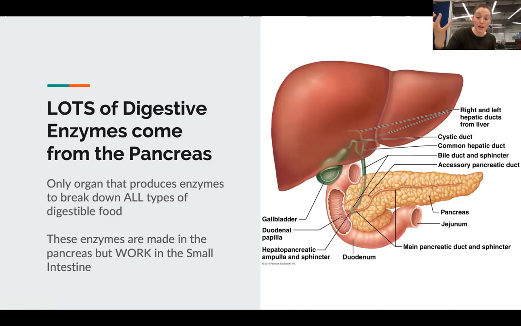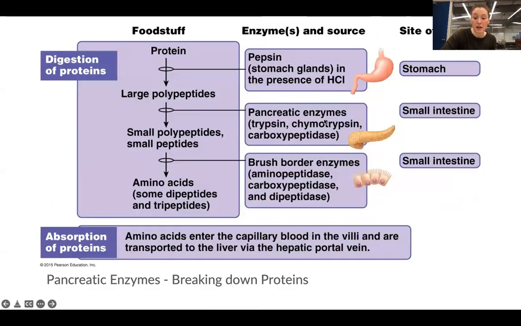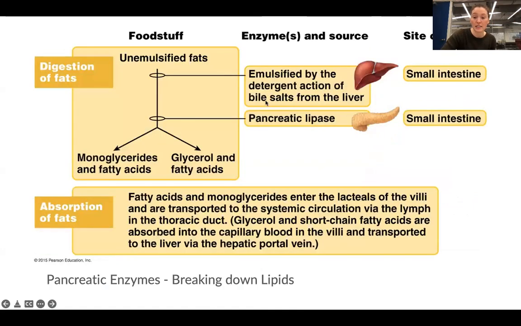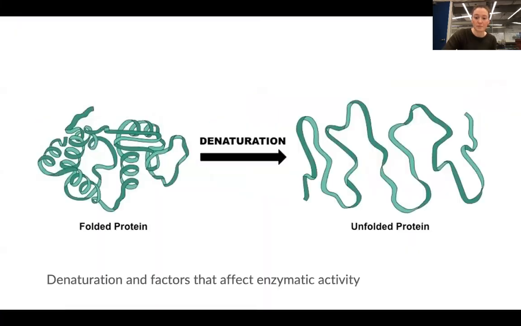They all are made in the pancreas and they work in the small intestine because they're secreted from the pancreas here into, you'll notice this opening into the beginning of the small intestine. So again, pancreatic amylase, pancreatic enzymes for proteins, and similarly, in the small intestine, we're starting to digest lipids as well, from fats into glycerols and fatty acids and things like that. Okay. More on enzymes. All right, and that's it.